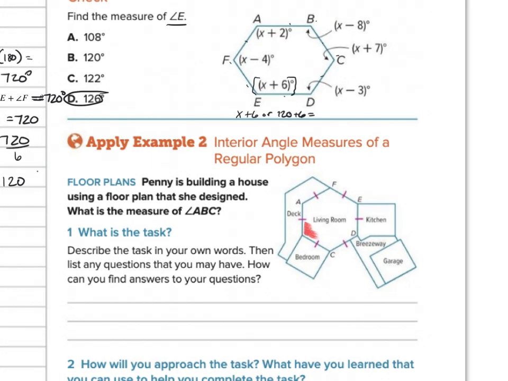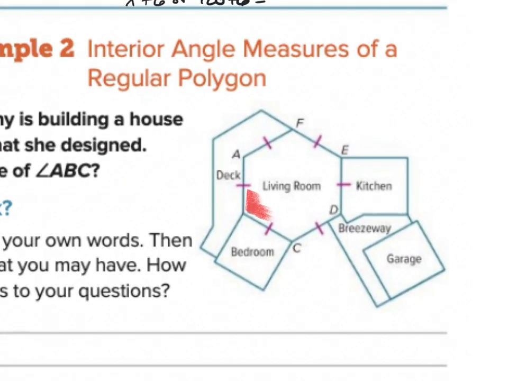Well, let's see, what do we know? If this is a regular polygon, all of these sides are the same, so it's a hexagon. And that tells me then that I should be able to calculate the internal angle measurements in here. And we just did that.